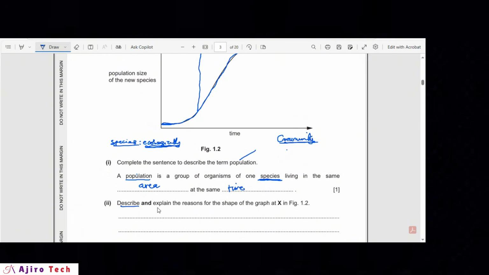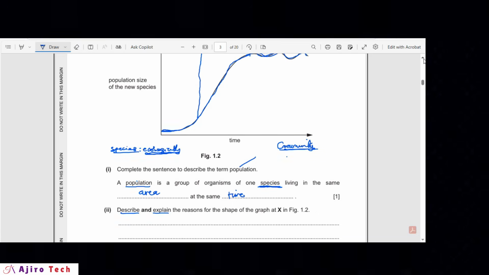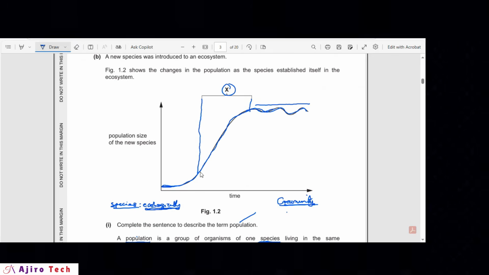We have to describe and explain the reasons for the shape of the graph at X. So the shape of this graph here tells us that the population size of the new species increases. So what are the factors that can make the size of a species to increase?